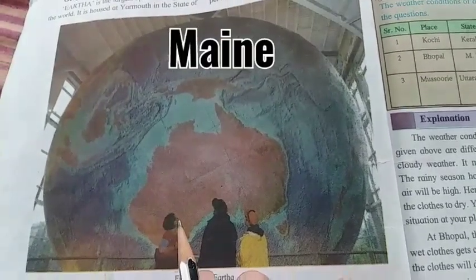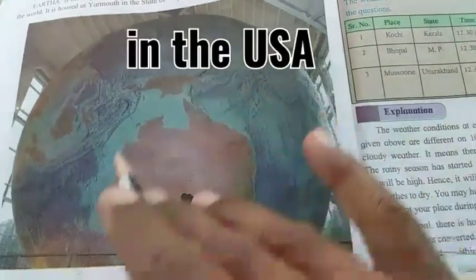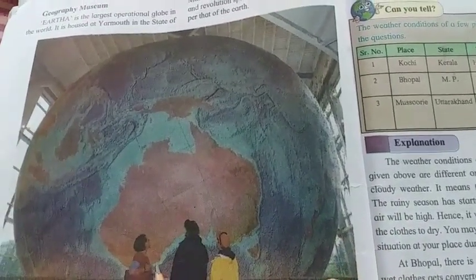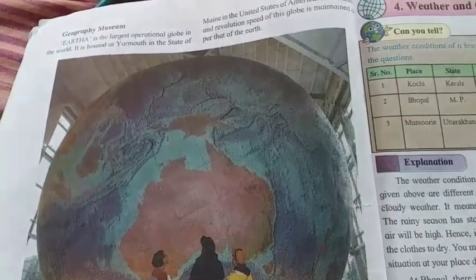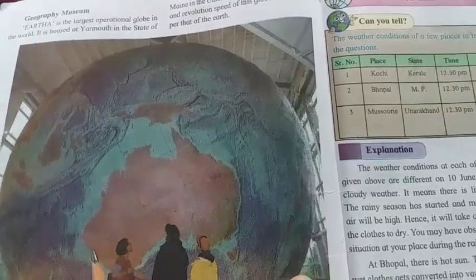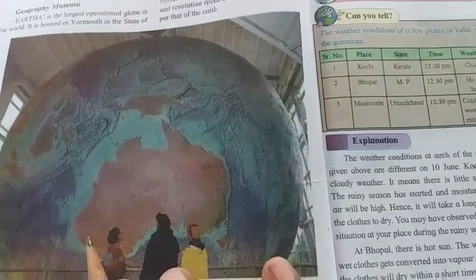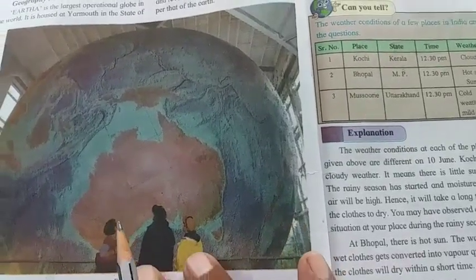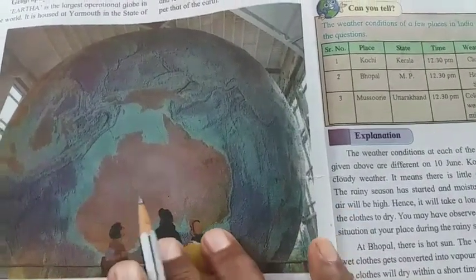The rotation and revolution speed of this globe is maintained as per that of the Earth. The globe weighs approximately 5,600 pounds, that is 2,500 kilograms, and has a diameter of over 41 feet, that is 12.5 meters.